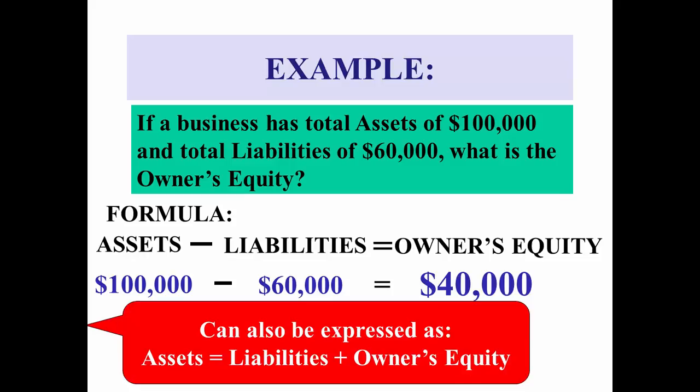Again, the equation can be rephrased in different ways and still be equal, but this is the way accountants like it. Assets equals liabilities plus owner's equity. That way the assets, the things that the company owns, are on the left side, and those who have a right to claim the assets, the creditors, which is the liabilities, and the owners, which is the owner's equity, are on the right side.